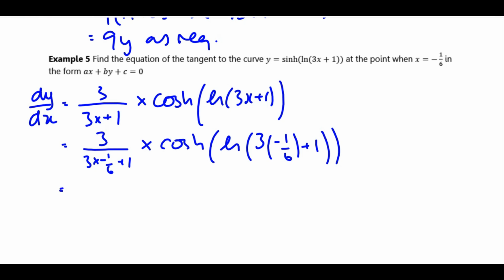And work this out. So that gives me 6 on the outside, and I get cosh of ln of a half, which if we work that out will give us a nice answer. Gives me 15 over 2.